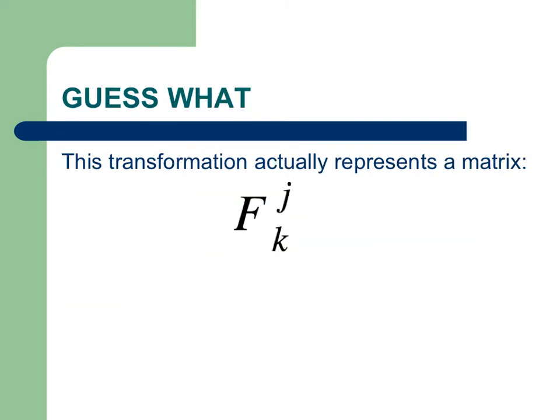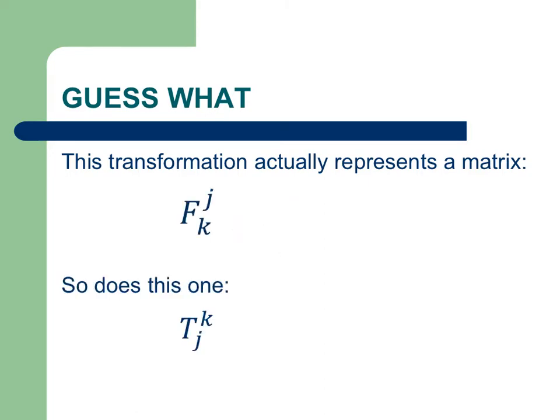So now I'm going to tell you something cool. This frame transformation that we've been talking about, that tells you how to move frame K into alignment with frame J, actually represents a 4x4 matrix.